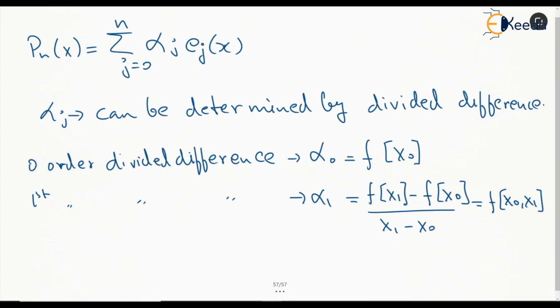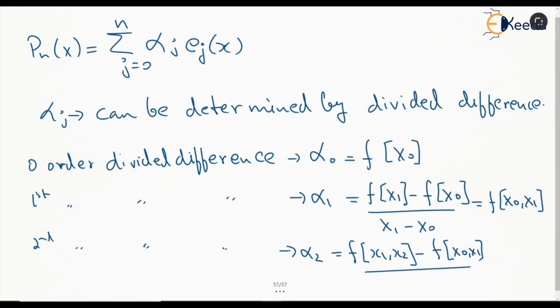This is alpha 1. Similarly, the second order divided difference will be alpha 2, which is f[x1, x2], now two terms, minus f[x0, x1] divided by x2 minus x0, and this is given as f[x0, x1, x2], right?